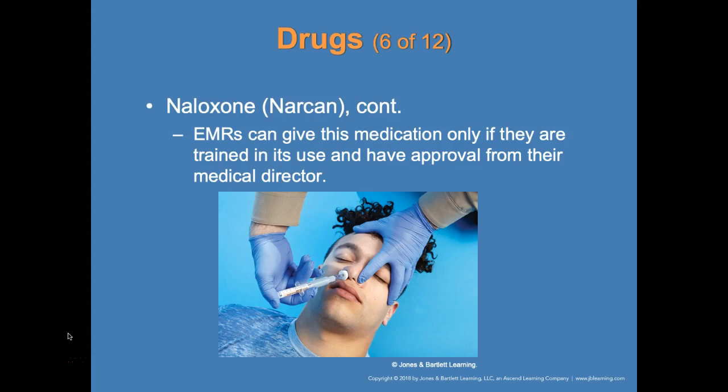Everything would come in the box for you. You'd attach the atomizer, place it in one nostril, and inject half. They usually come in 1 milliliter doses, they come in 2 milliliter doses, and you inject half into each nostril, so 1 milliliter in each nostril. After that, we want to reassess the patient and document anything that we've done.